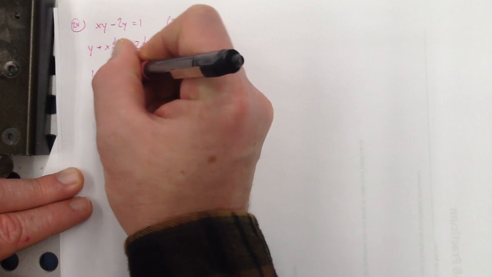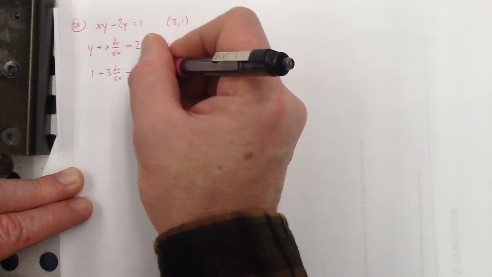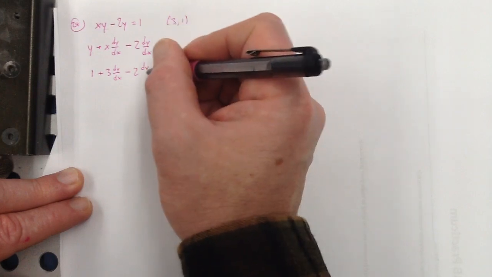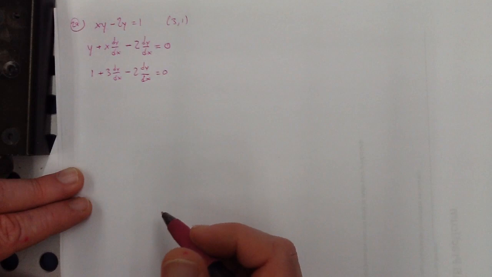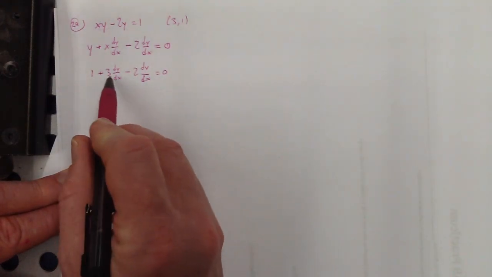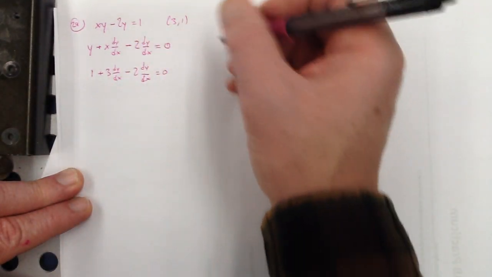I'm going to go ahead and plug in my x and y values. So it looks like I've got 3 dy dx's minus 2. That's just a dy dx.